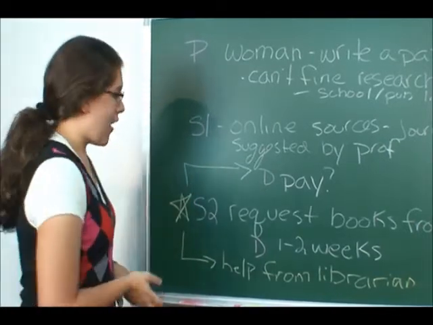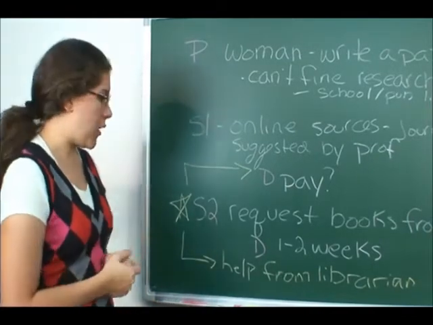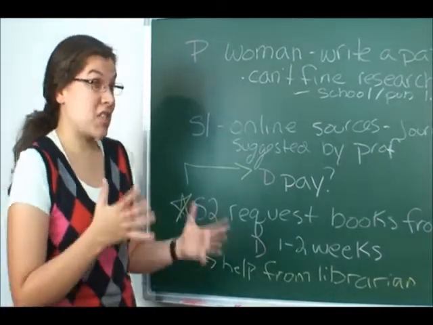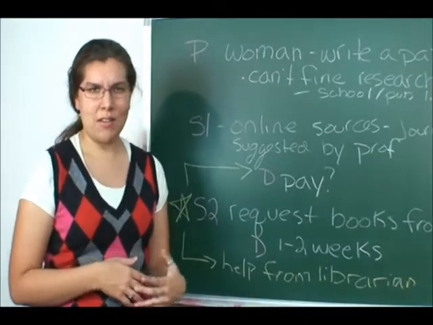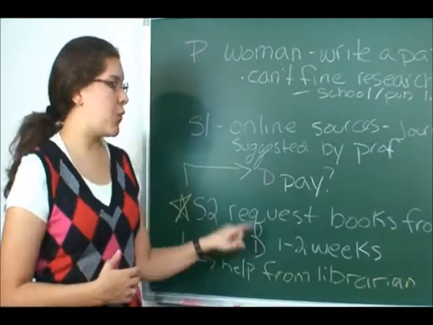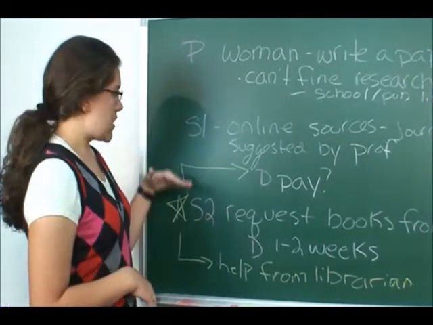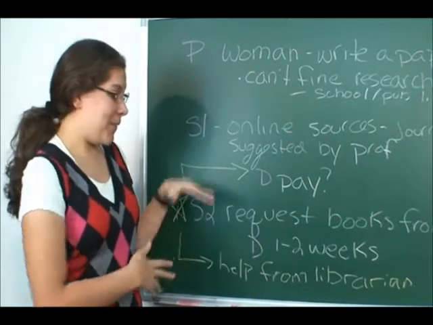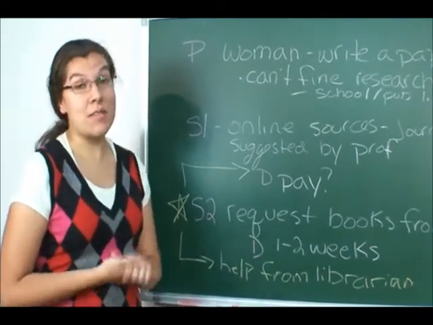Really easy. The second reason, that I just had to think about for a little bit, was you can get help from the librarian. Somebody can assist you if you get books from another library. So for these reasons, for the fact that it's free and I can get help, the second solution fits better.